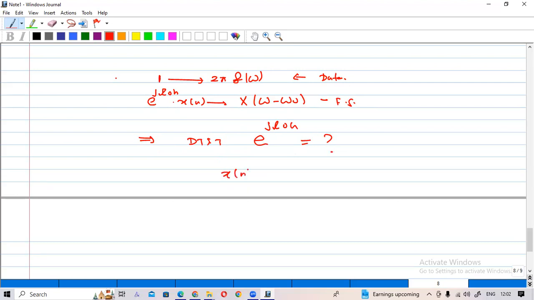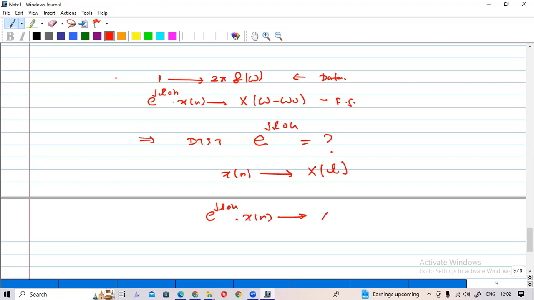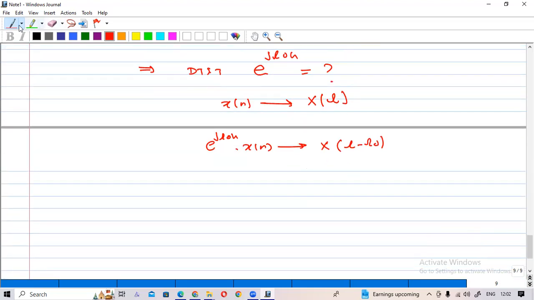If you have x[n], the Fourier transform will be X(ω), and if you have e to the power j ω0 n x[n], the Fourier transform will be X(ω minus ω0), the frequency shifting property. You know that for 1, the Fourier transform is 2π delta(ω).